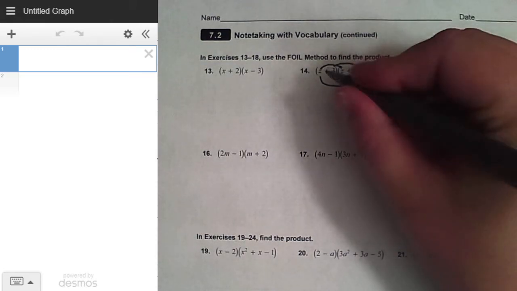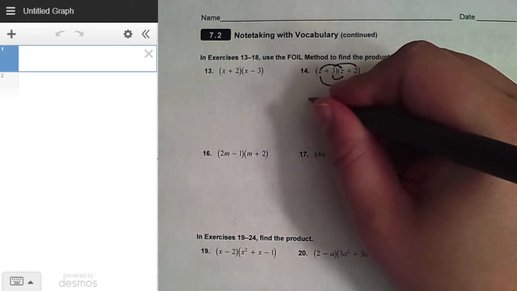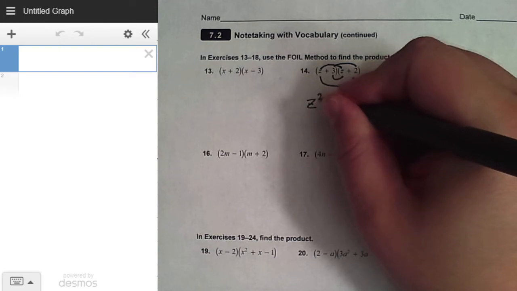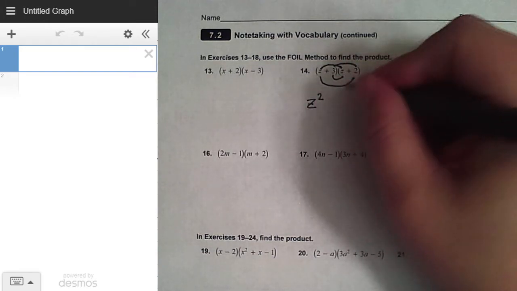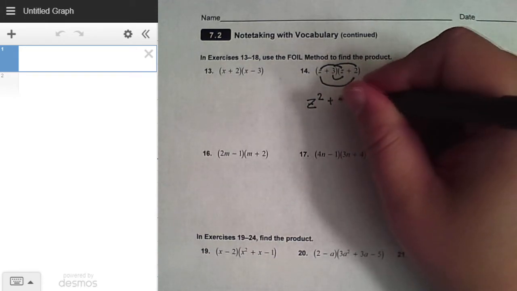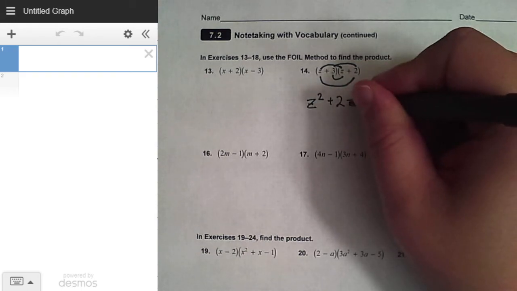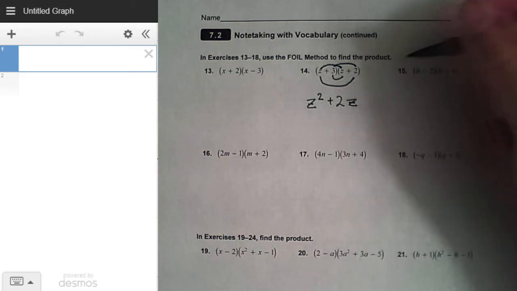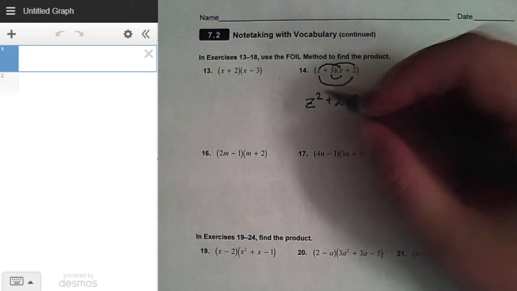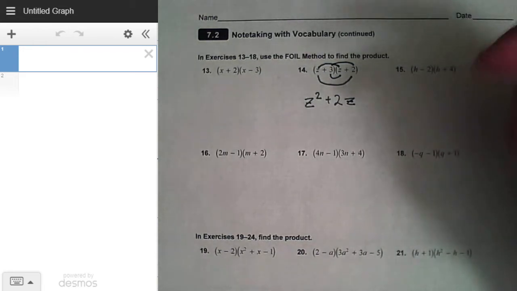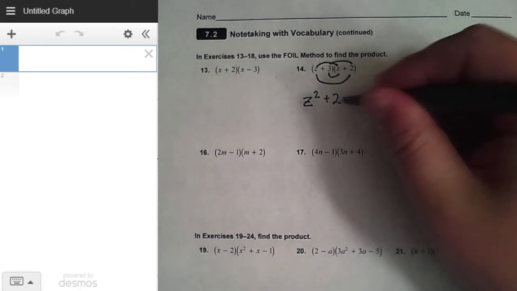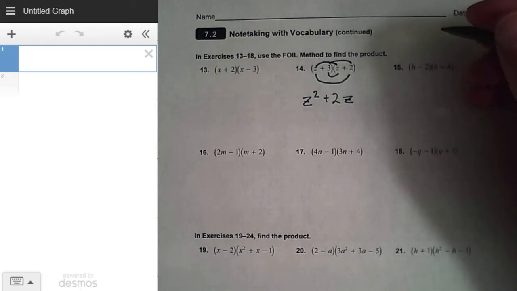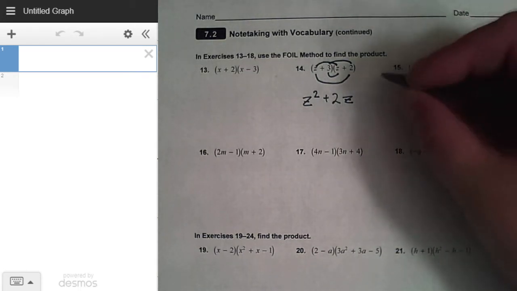So z times z is z squared. Z times 2 is 2z. And you'll notice that I'm specific about how I make my z's. My 2's kind of look like my z's, or my z's look like 2's. So I put that dash through the center so that we know that that is in fact a z.